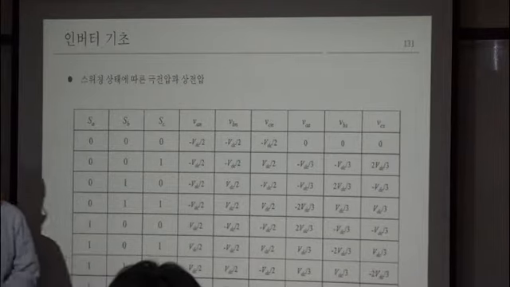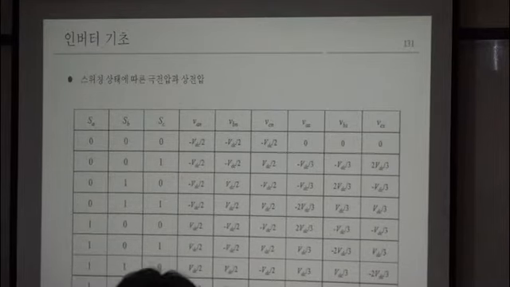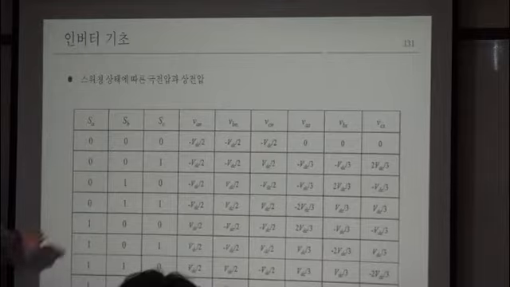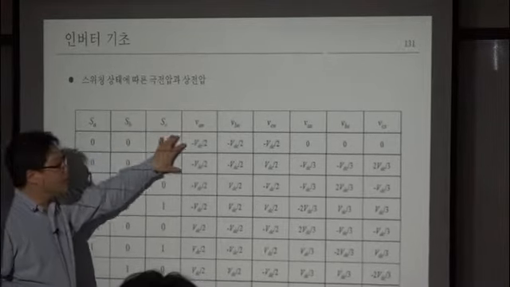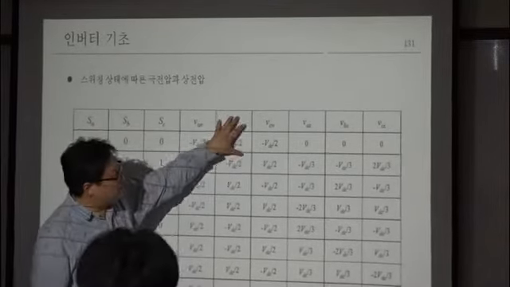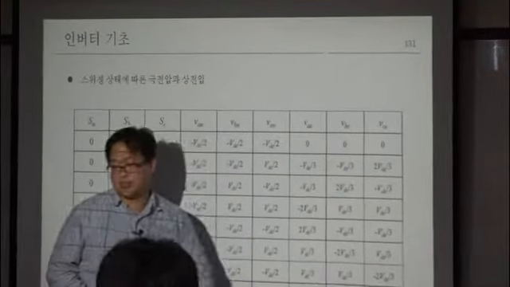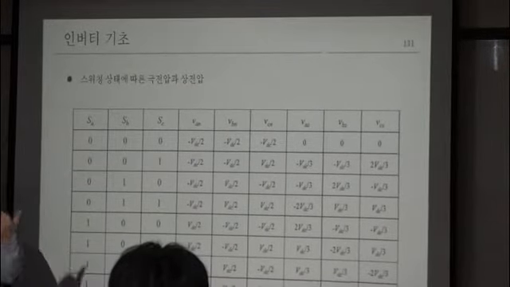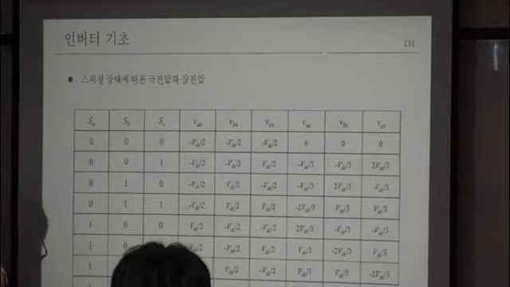So this table shows the switching status, pole voltage, and phase voltage. Then you can simply refer to the table.